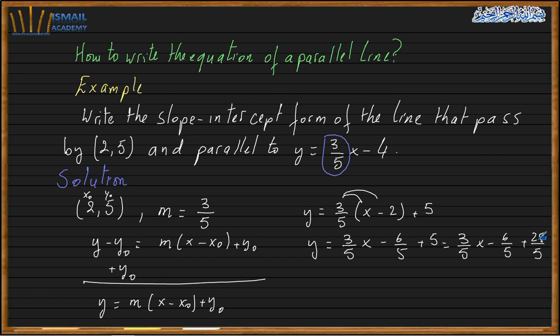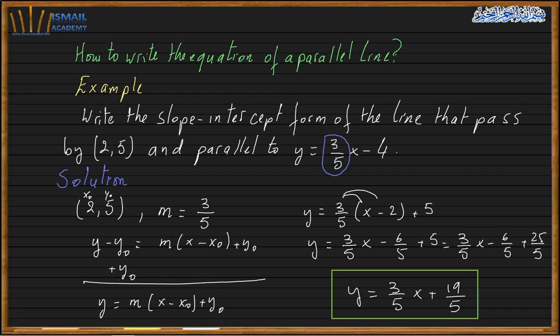Same denominator, so it's going to be 3/5 x plus 19/5. And this will be my answer.